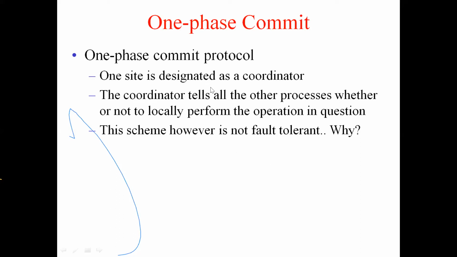The coordinator has told site A commit. Site A had done its things, so it commits. The same message is given to site B, but site B was not able to do its operation because of some failure. As soon as it fails, automatically the transaction is aborted. But the coordinator has told A to commit, but B cannot commit. So there is inconsistency in the system. That is why this scheme is not fault tolerant.